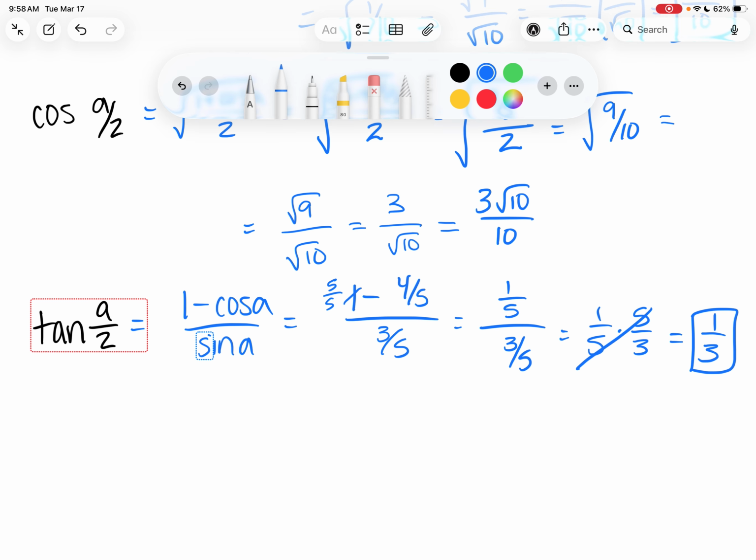Okay, we're going to pause there. Problems up to this point: 3, 5, 7, and then 23 through 50. Now, we're not done with this section. We've done half angles.